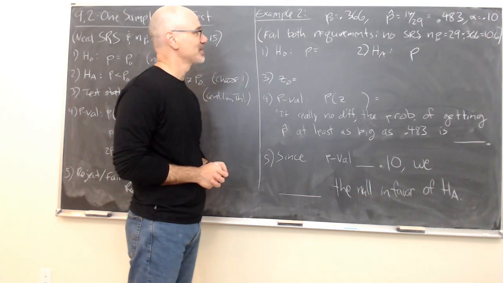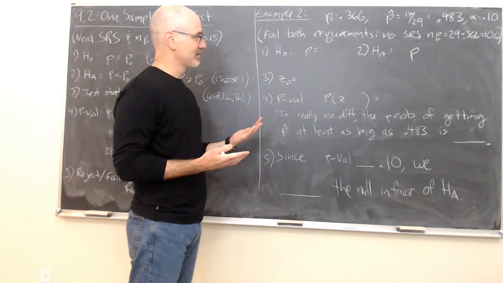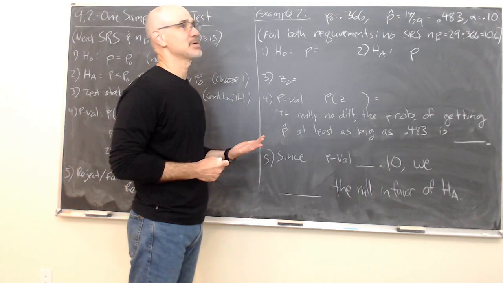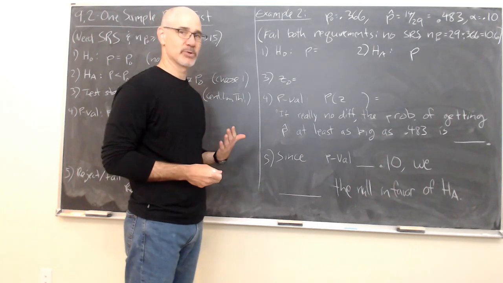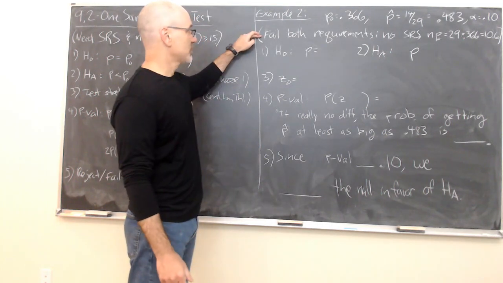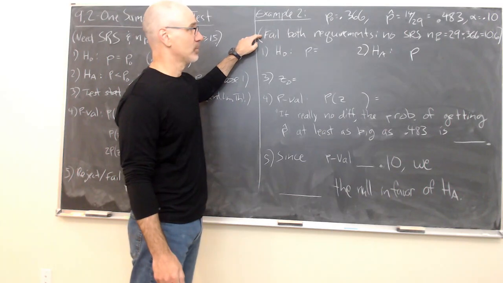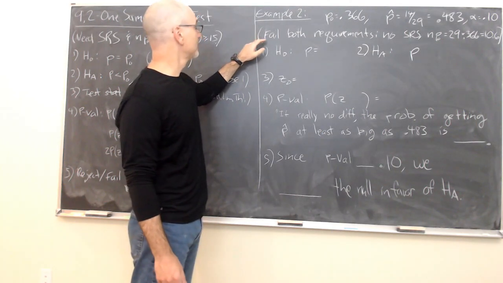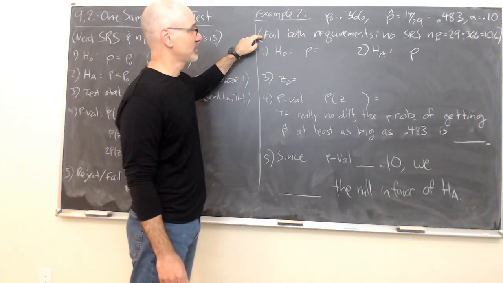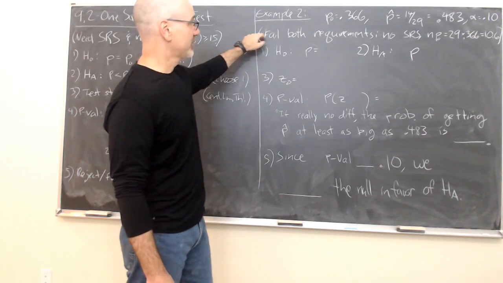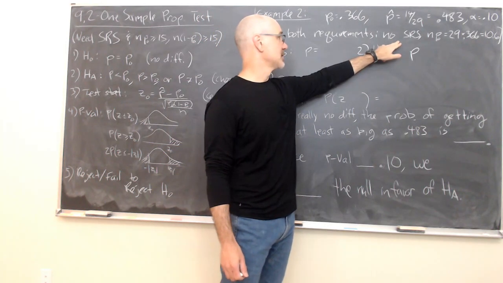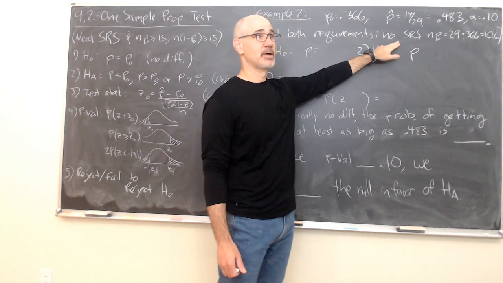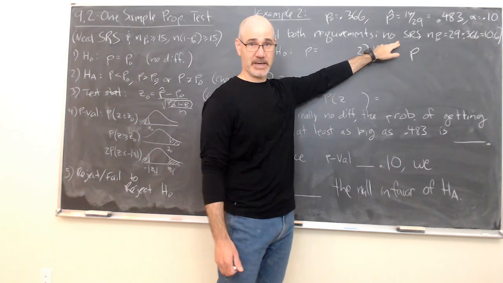Now, this one is a perfectly fine example to run through the calculations. This is not an example that we could include in a research paper because as we check the requirements for running the test, we actually failed them both. Right? We're going to pretend like that's okay for now and do the example anyway. But the first thing is this survey, remember, was not a simple random sample of BSc students. This was a convenient sample of the people that were taking my classes. Right?